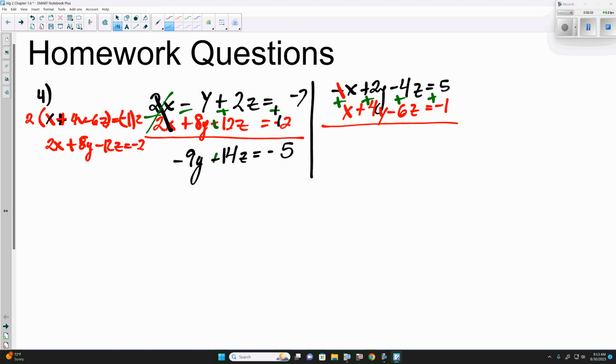Negative x plus x would be 0. 2y plus 4y would give us 6y. Negative 4z minus 6z is going to be negative 10z. And 5 plus negative 1 is going to be 4.